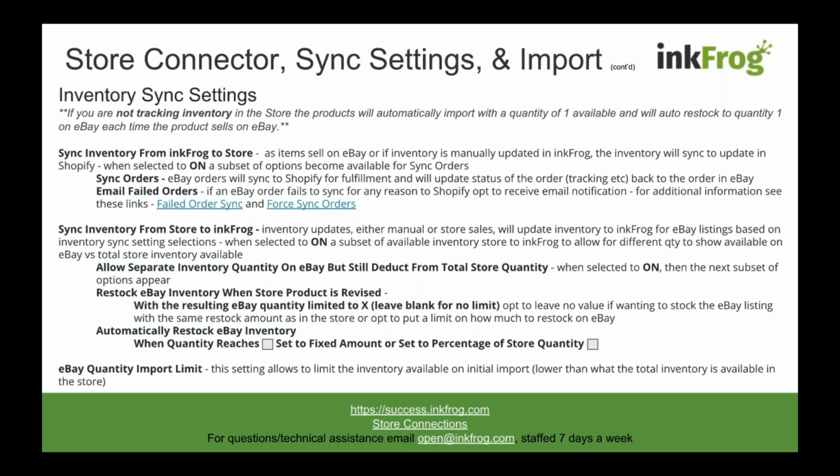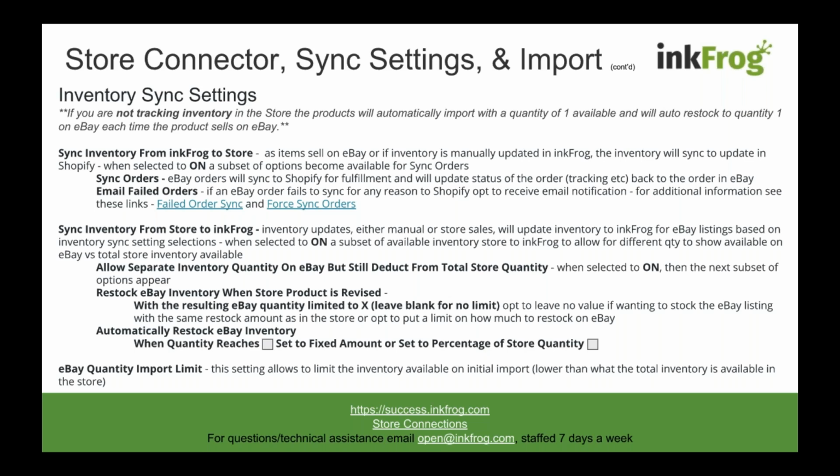So what's nice about that feature is you can set it to say when quantity reaches, referring to your eBay quantity, let's say when quantity reaches 2, set to fixed amount, or you can select an option that says set to percentage of store quantity. For this purpose, I'm just going to use fixed amount. So let's say when quantity reaches 2, set to fixed amount 10.